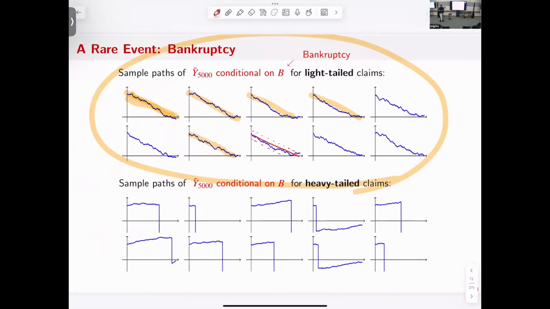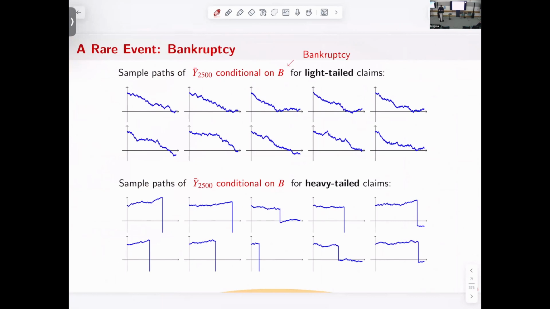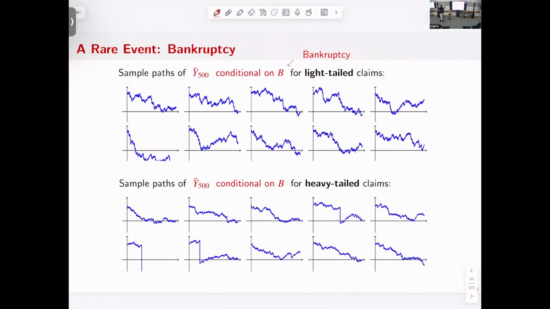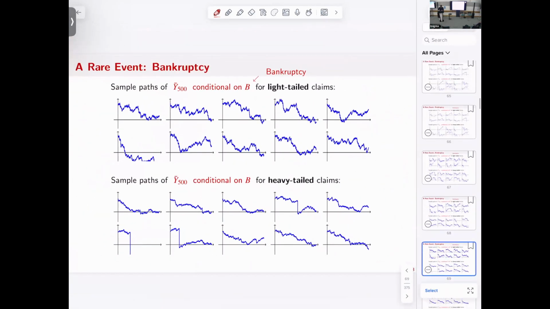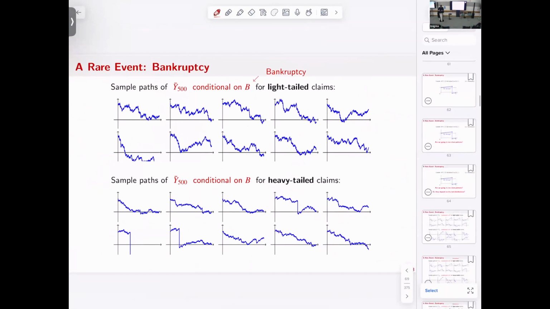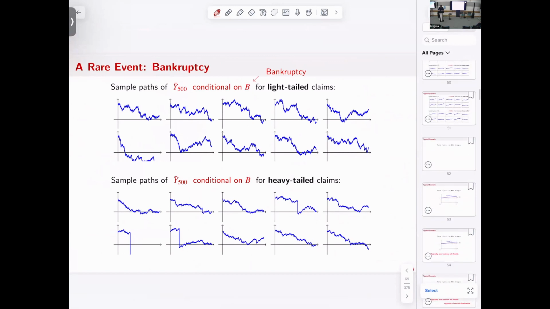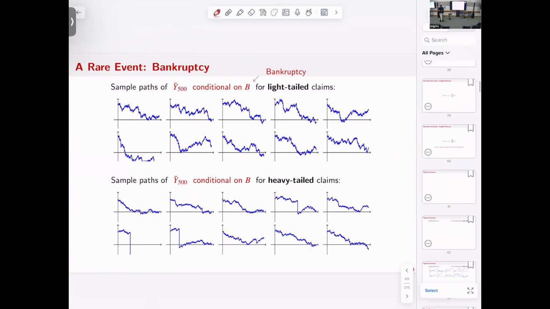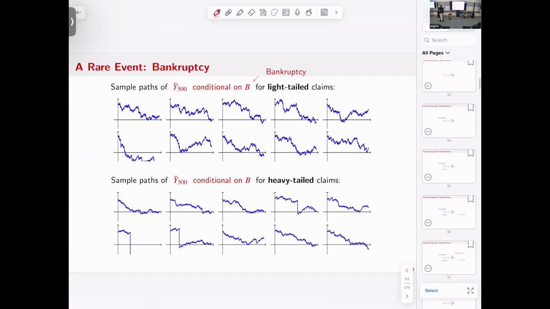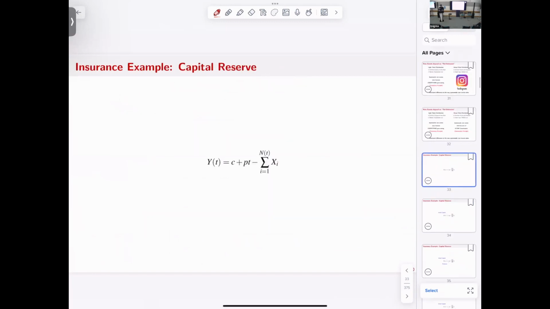Right. So for those of you who were probably not here yesterday, let me remind you a little bit. This is the classical insurance risk model, and I am scaling it both linearly in time and space.